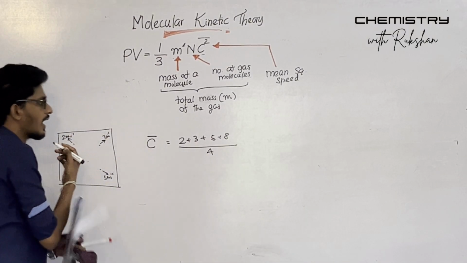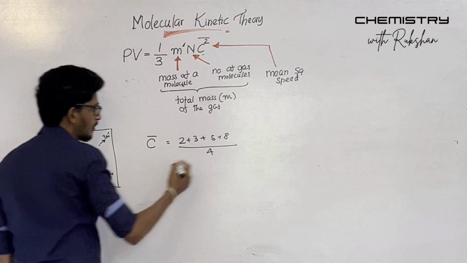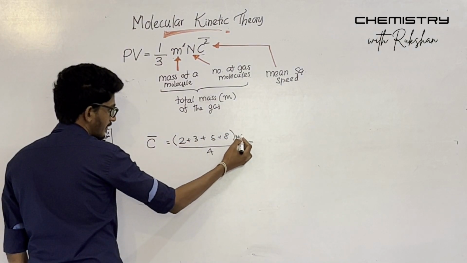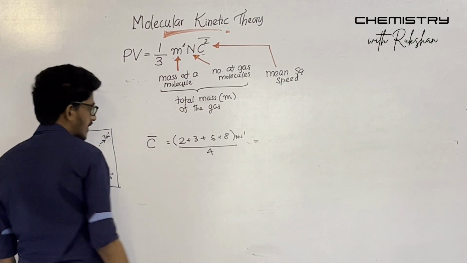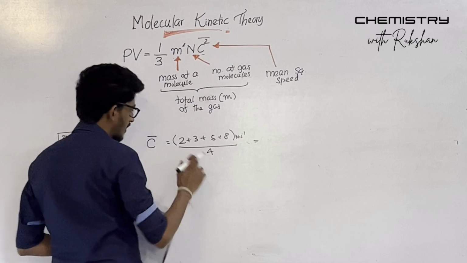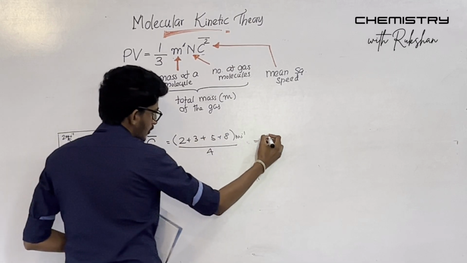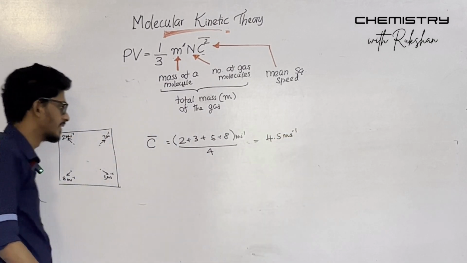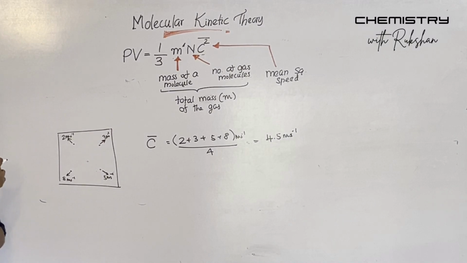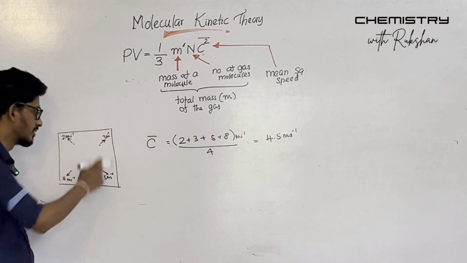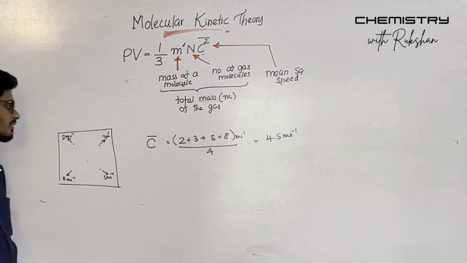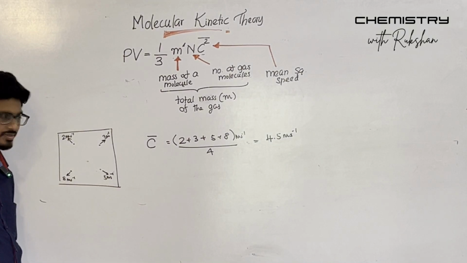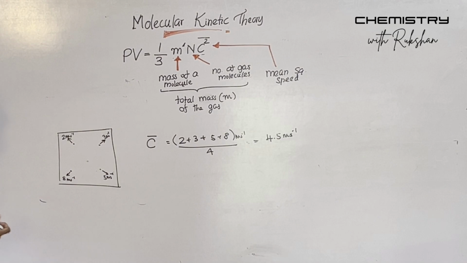That will give you the average velocity, right? These are in m s minus 1, so the value will come in m s minus 1. That is 18 over 4, so 4.5 m s minus 1. That is a simple idea. Just take all the numbers, get the summation of all the velocities, and divide that value by the number of entities. Simple as that, the normal way of taking the average.